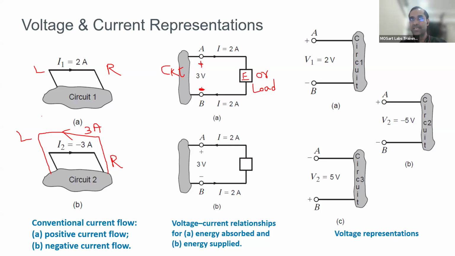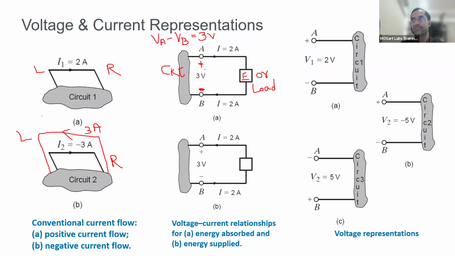So a plus minus simply means that VA, the voltage on node A, minus voltage on node B is equal to 3 volts. So whenever we show a convention that says A is plus and this is minus, and then you put 3 volts across this, it just means that the difference between the two voltage terminals, VA minus VB, is 3 volts. Is this clear?